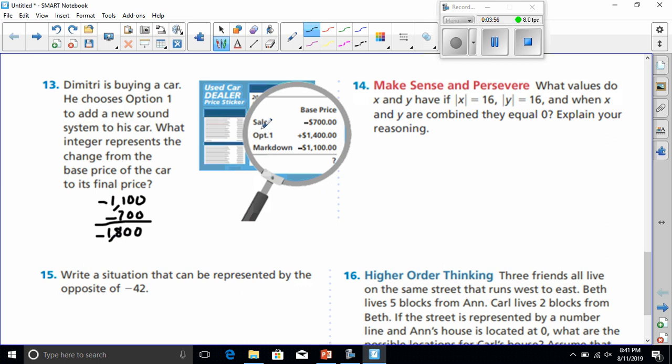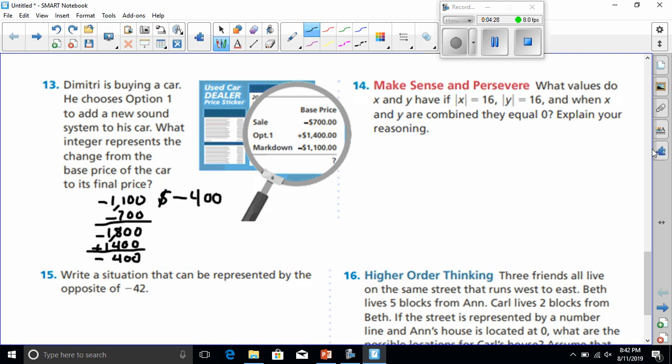And now we have that option 1, which gives us a positive $1,400. So if we go with option 1, positive 1,400, remember we have to take the big number minus the small number, and that's going to give us 400, and we keep the sign of the bigger number, which was negative. So it's negative $400. And we are talking money here.